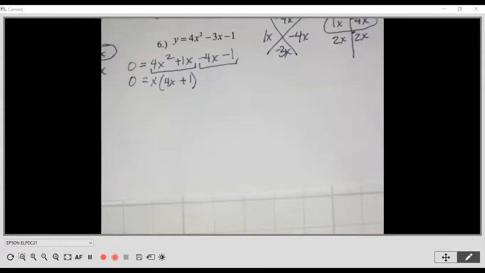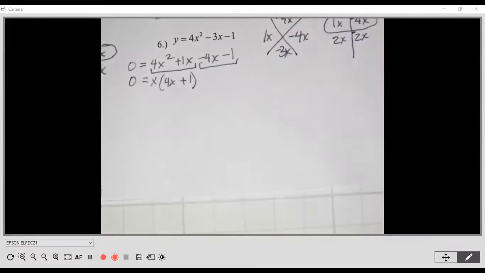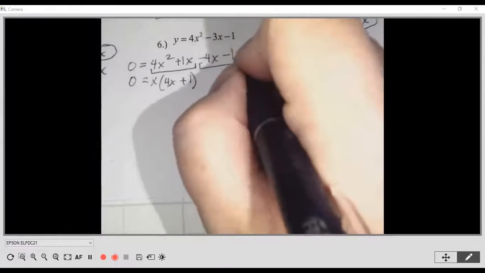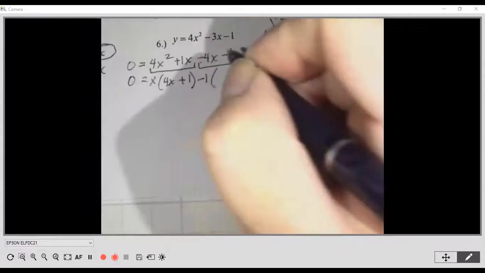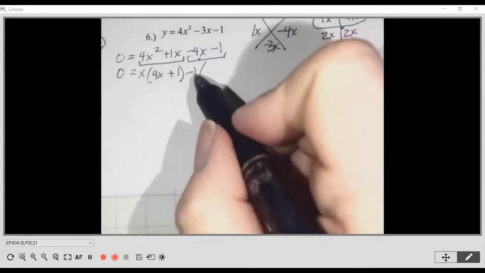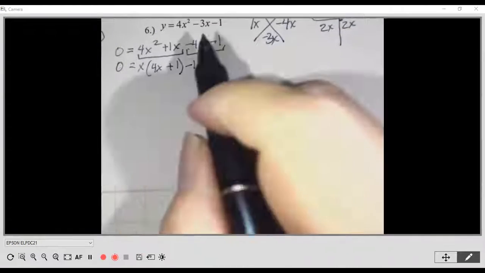X divided by x is 1. So 4x plus 1. And then over here, negative 4x and minus 1, we're just factoring out a negative 1. Okay, and then negative 4x divided by negative 1 is positive 4x. Negative 1 divided by negative 1 is positive 1 or plus 1.